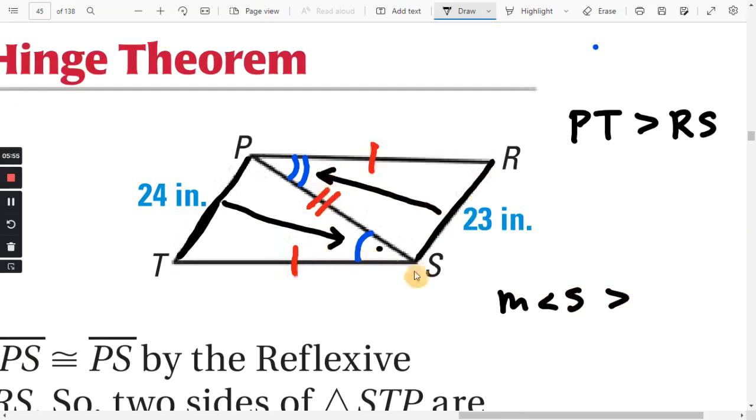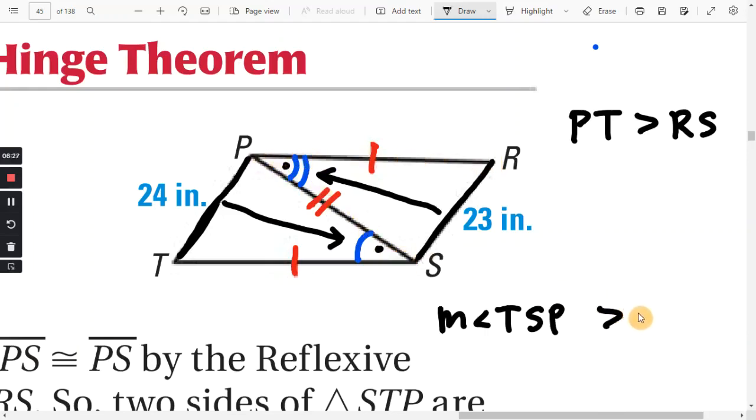I shouldn't say angle S. Let me fix that, because there's more than one angle at this vertex here. So you have to use three letters. I'm going to say TSP. Okay, that's this angle right here. So the measure of angle TSP is greater than, and if I go across from the shorter side, that's this one right here, RPS.